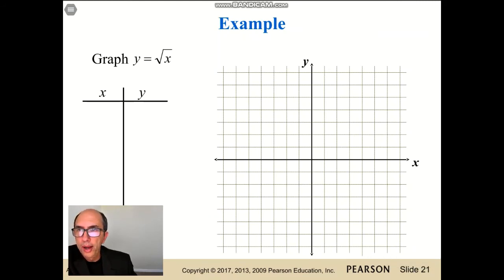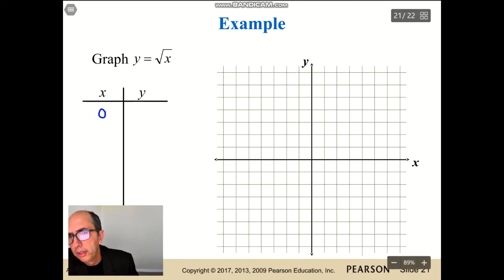And how to graph? First, let's graph this function, which is a square root. Let's try a few numbers here. We can start with 0 and 1, and we can have 4, but we can use also 2 and 3, and you're gonna need your calculator.